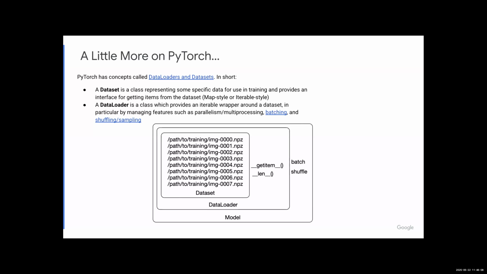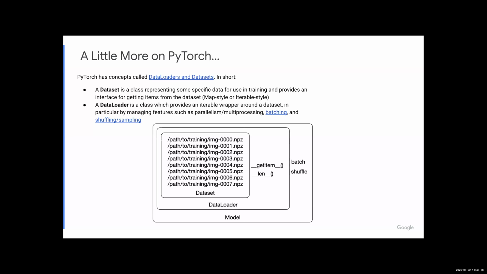And within PyTorch, as I mentioned, it's very customizable and extensible. So it's possible to implement custom data sets to provide access to other storage schemes. The example here is a directory on disk, shared or otherwise. Moving up a level to a data loader, it's responsible for managing higher level access to the data itself.